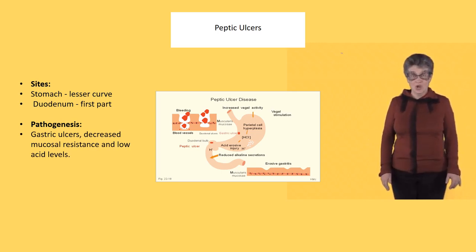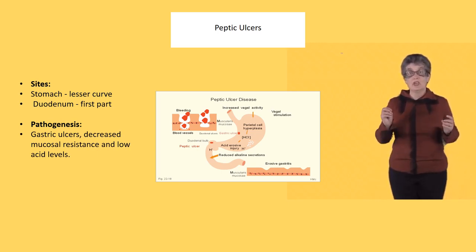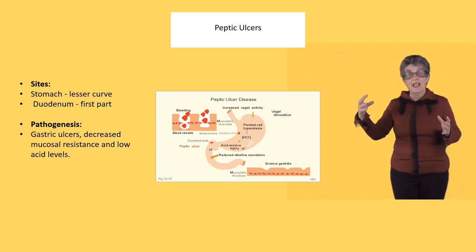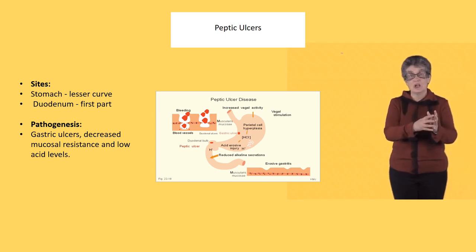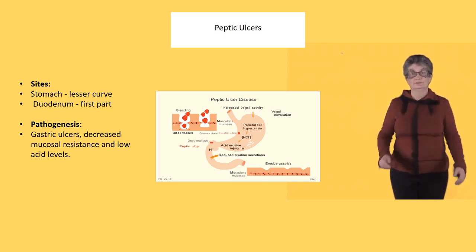So Helicobacter will be associated with gastric ulcers because their enzymes, the ureases, attack the mucus that protects the gastric epithelium. So once this mucus is gone, then the gastric ulcer can occur.